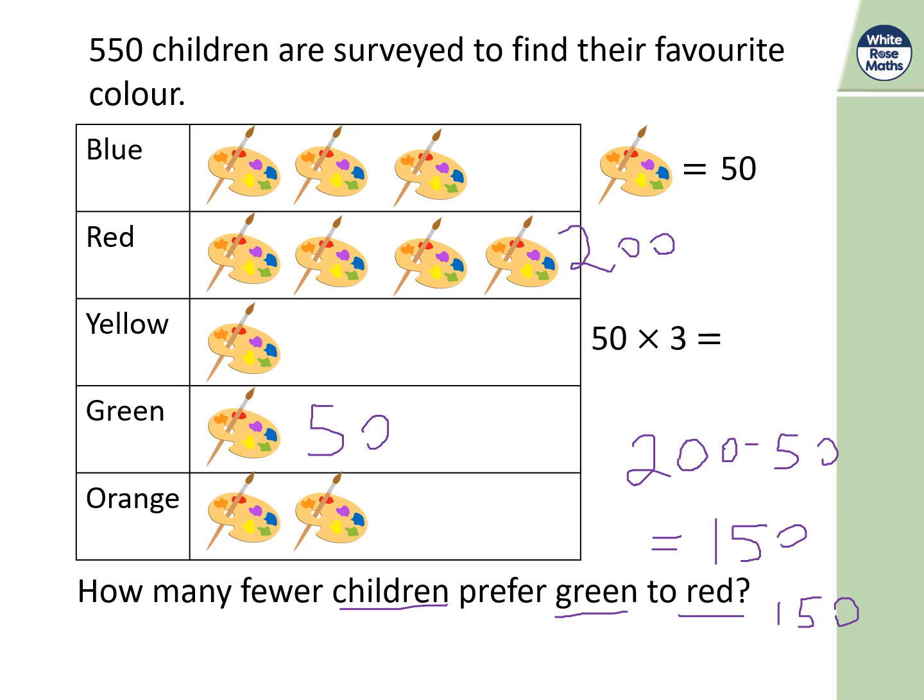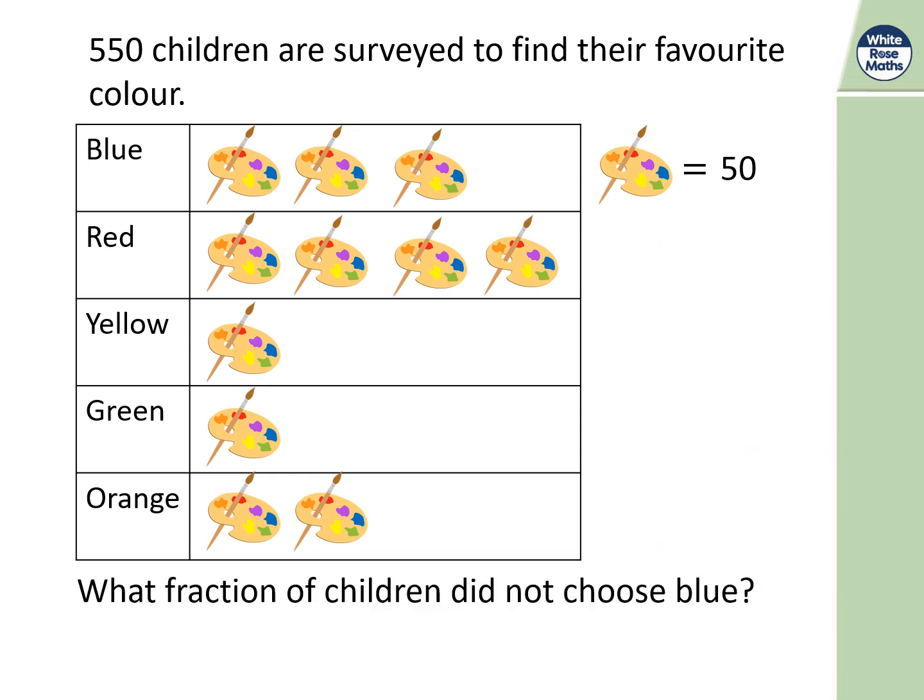So here is the White Rose Maths answer. Right, last question, guys, for today's video. What fraction of the children did not choose blue? So we are ignoring this. Here you've got 150. So what fraction did not choose blue?